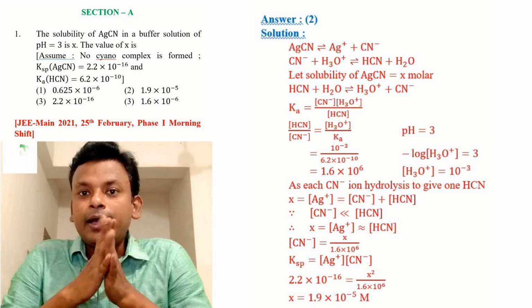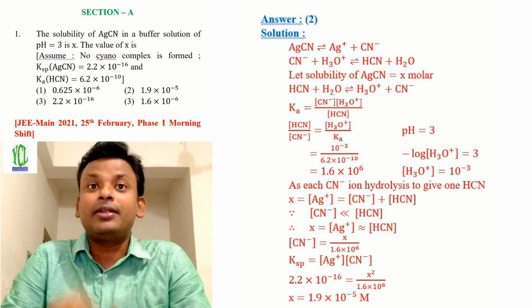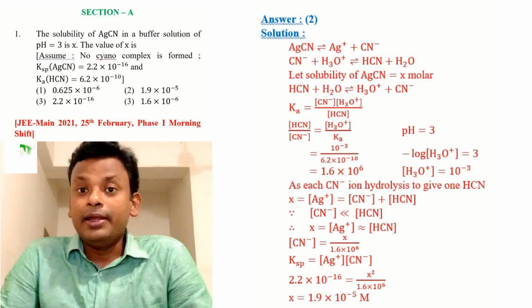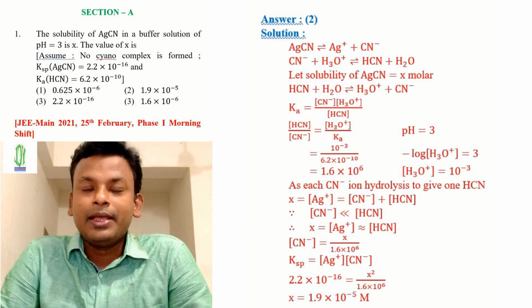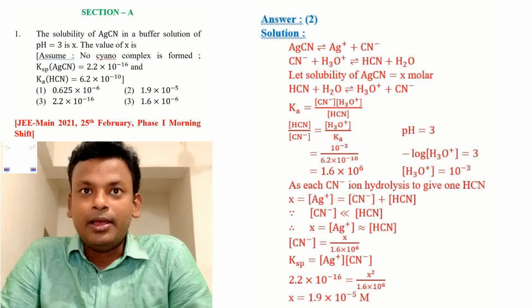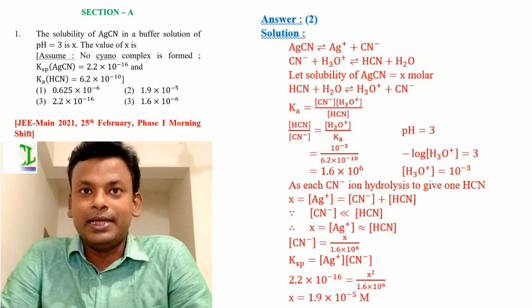We know that AgCN dissociates into Ag plus and CN negative, and CN negative reacts with H3O positive to form HCN and water. Let the solubility of AgCN equal X molar, and HCN plus H2O forms H3O positive plus CN negative.